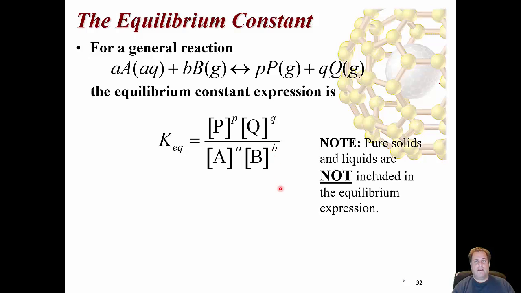One thing to note, we see that these are aqueous and gases here. Pure solids and liquids are not included in the equilibrium expression. We don't have any here, but let's draw something out and just give you a quick idea of what we mean by that. So when we look at, we'll just call it A, and that's a solid.